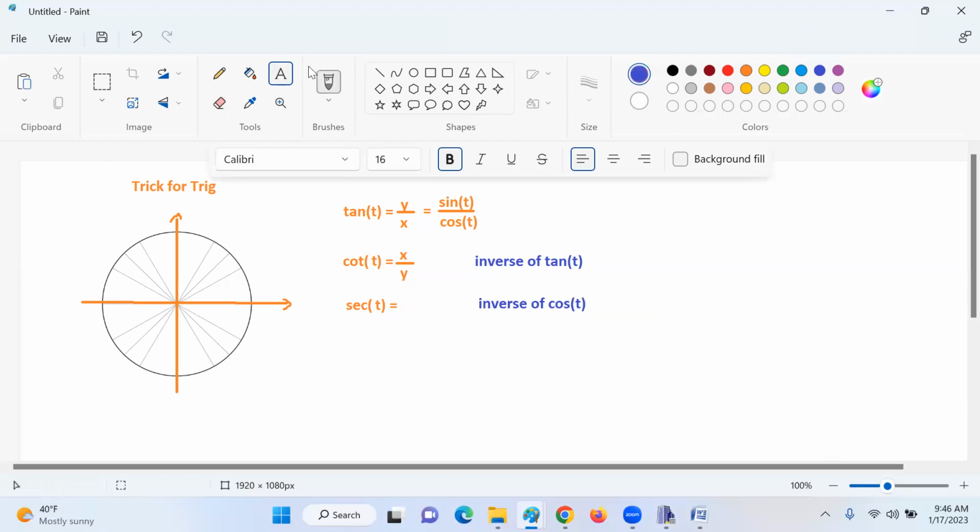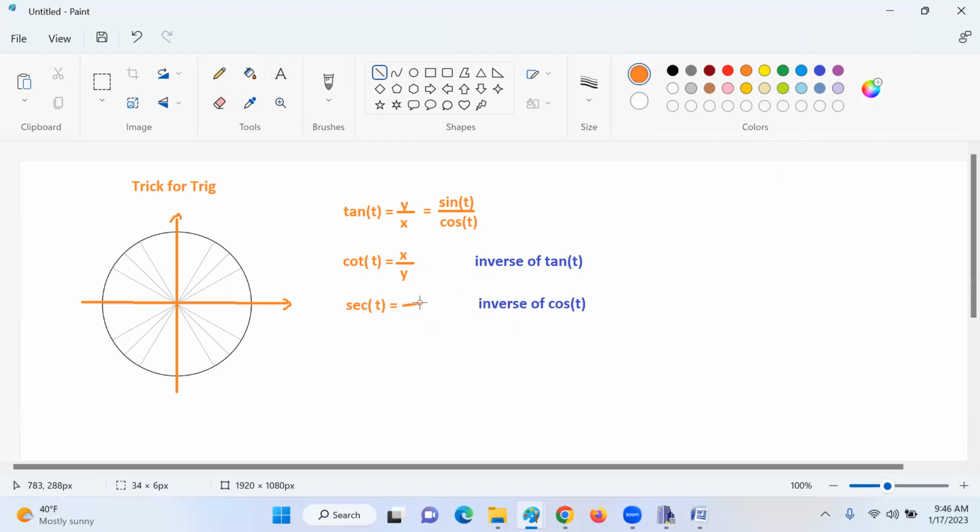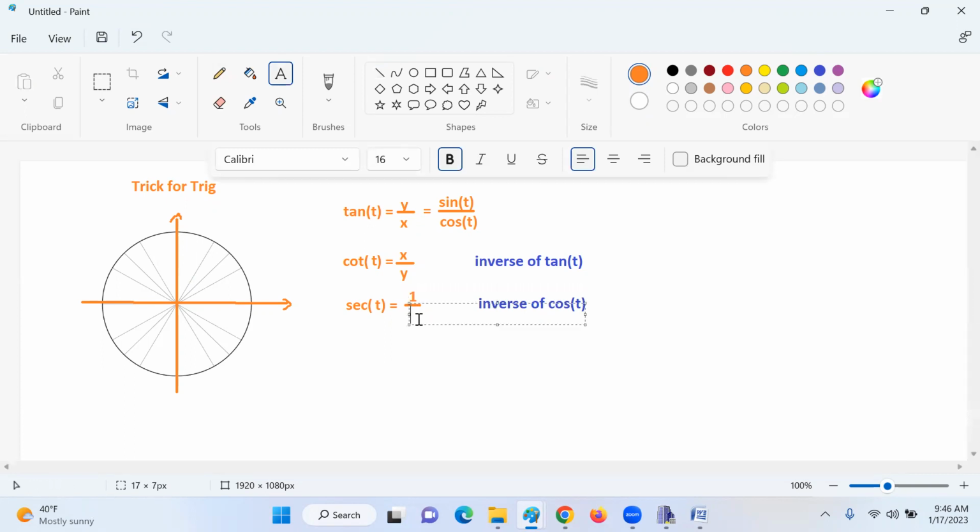So that is 1 over x. And then we also have CSC, which is called the cosecant, but it's not very important. This is the inverse of sine.